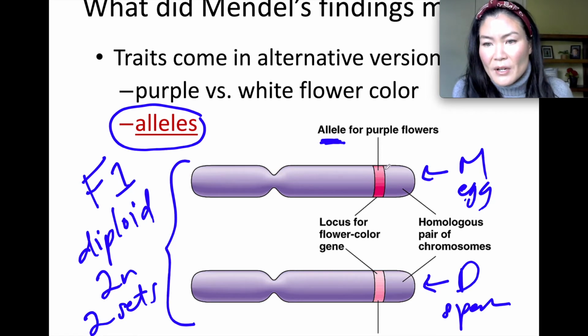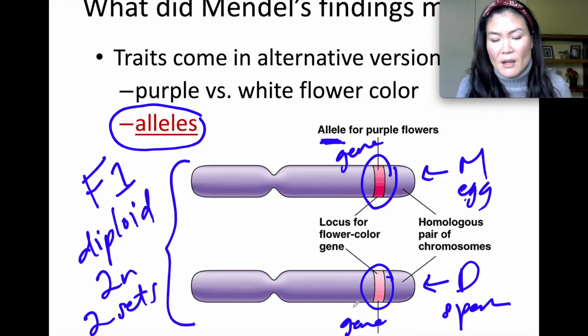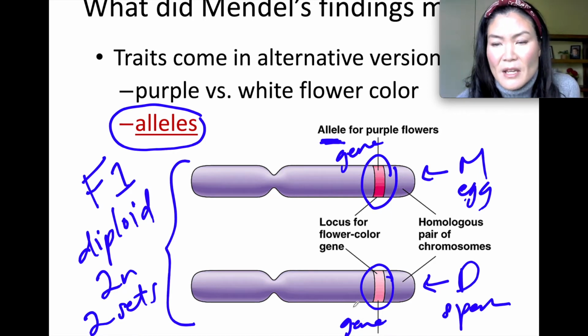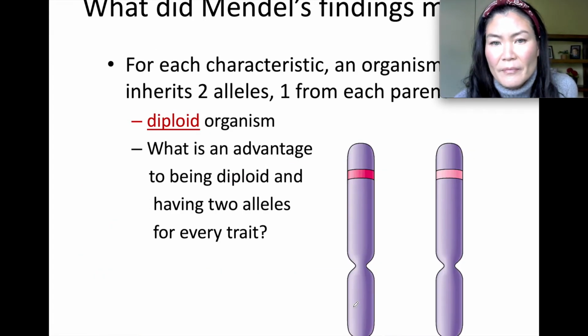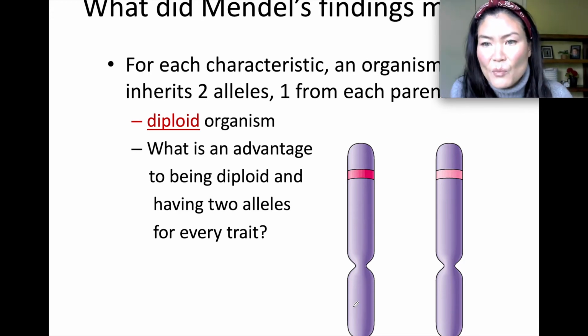They're going to have a purple gene or purple allele. They're going to have a white allele or gene. So they're hybrids because they have 2 different ones, purple and white. Okay, so they're diploid just like us. They reproduce sexually. For each characteristic, an organism inherits 2 alleles, one from each parent, right?